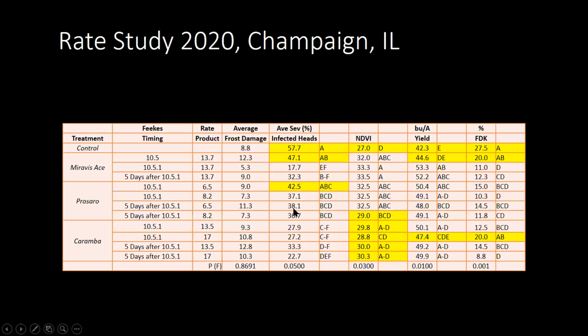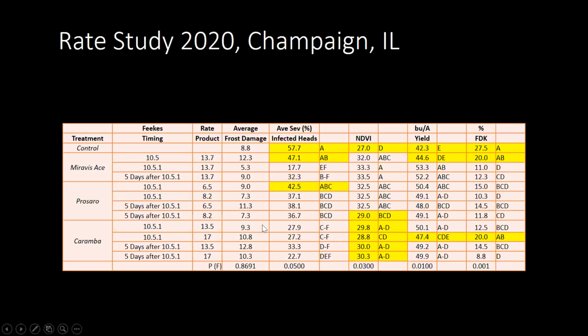If we look at our severity, what we're seeing here is that timing, again, is really important in reducing these diseases for all of them, but that rate really wasn't giving us much of a benefit in terms of reducing the amount of Fusarium head scab across the different timings for Prosaro and Caramba.